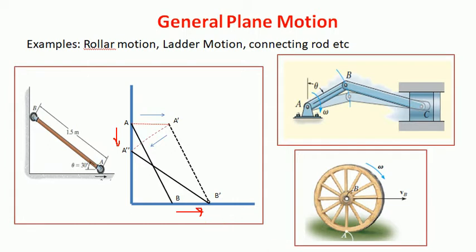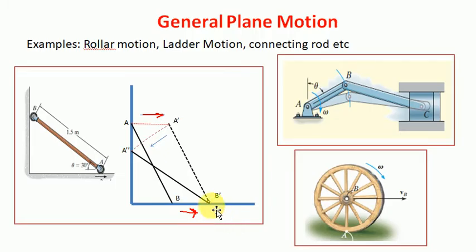So how can we prove this? To the initial position of A and B, let's first add translation motion. If we add pure translation to both A and B, this AB will have a new position, that is A dash and B dash. So what we have done is we just added pure translation.